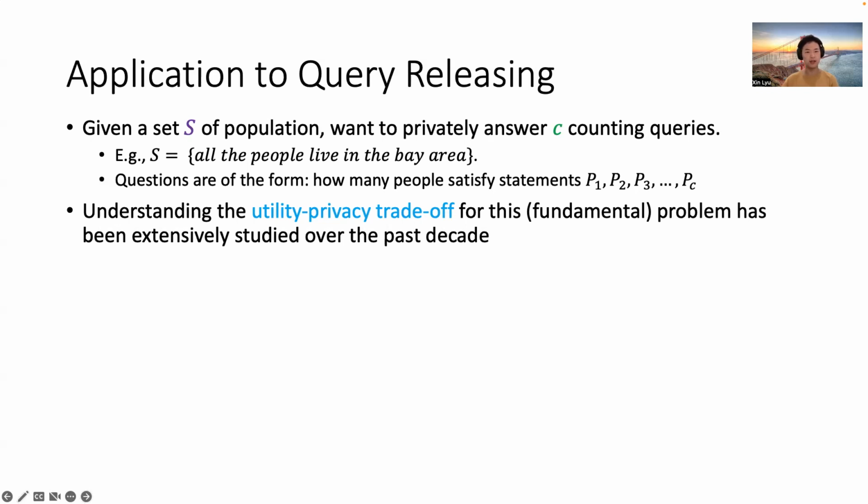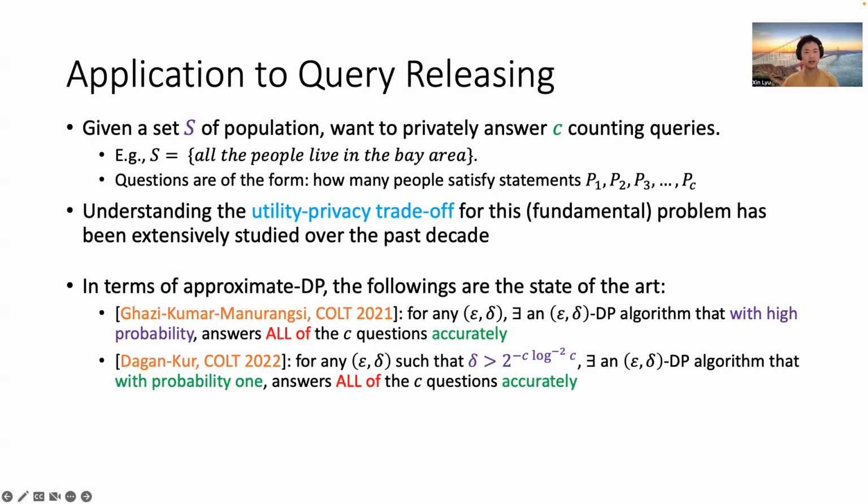In terms of approximate DP, the following two results are somewhat the state-of-the-art. The first one is by Ghazi, Kumar, and Manurangsi, which shows that for any epsilon, delta, they came up with an algorithm satisfying (ε, δ)-DP such that with high probability it answers all of the C queries accurately.